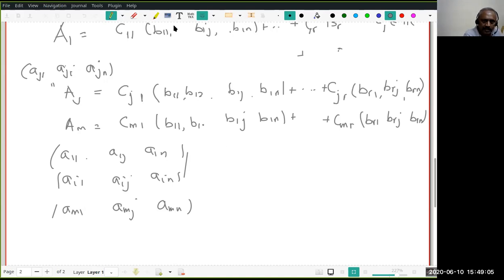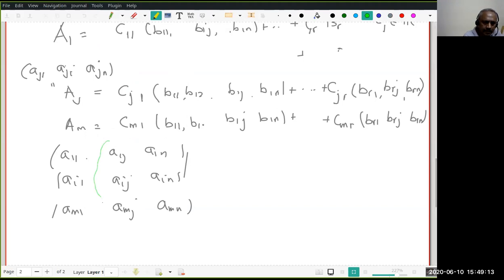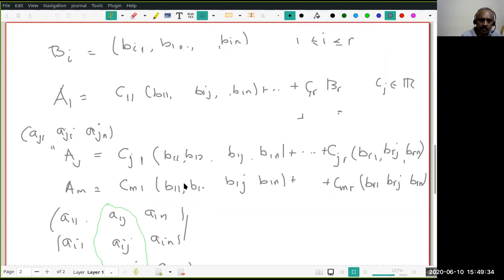Therefore, if I look at this, this is nothing other than the jth column. This is my a_j dash. Therefore, this n-tuple equals the right side n-tuple. So what I should look at is only the jth column. What is the jth column?